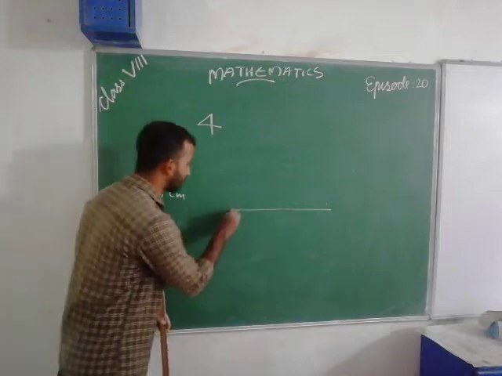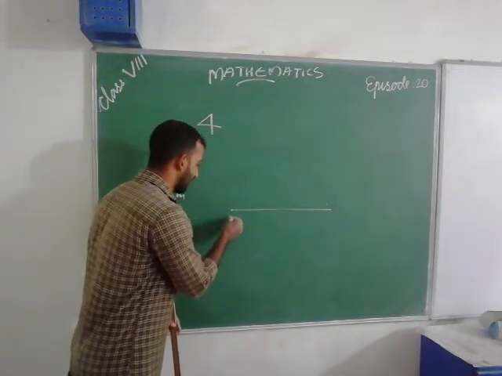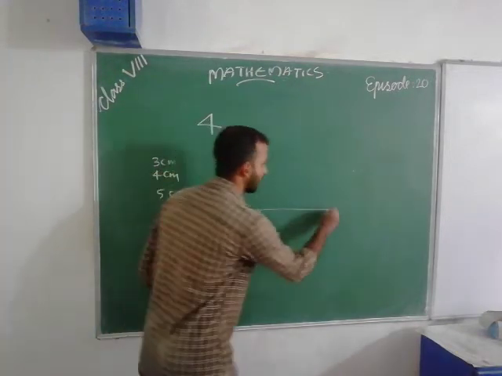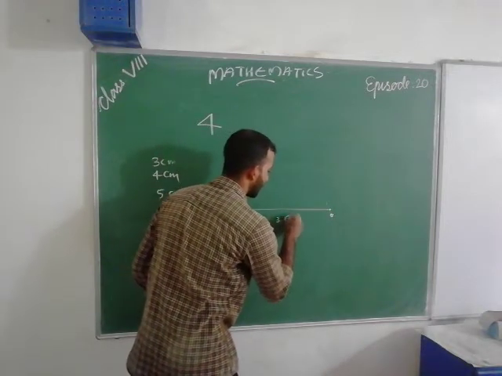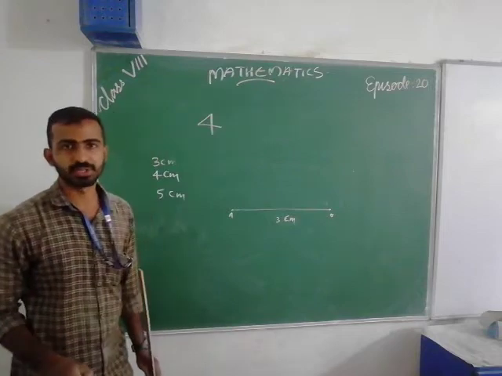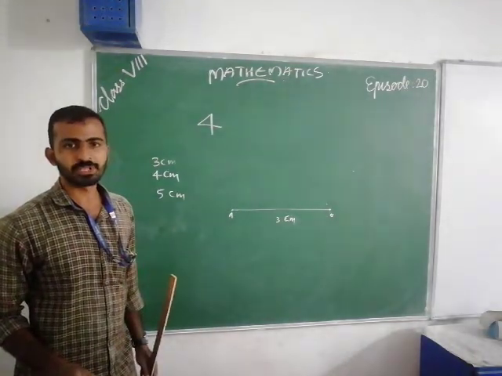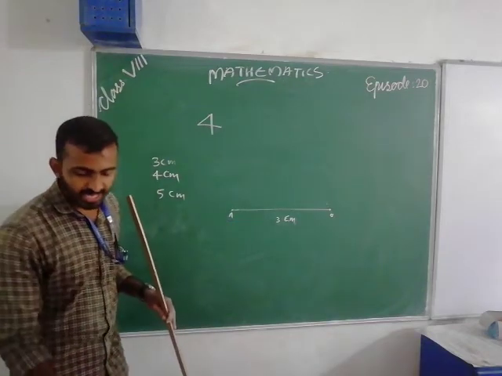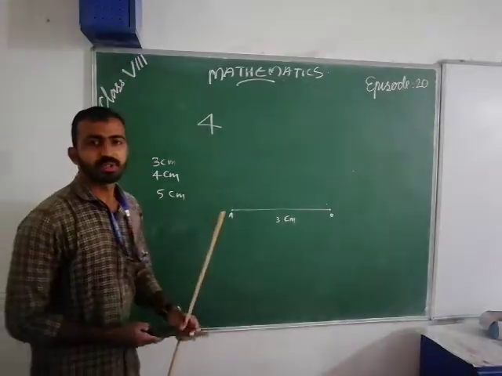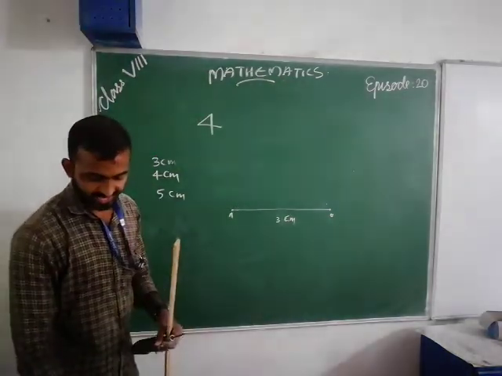And next we name the points A, B. We denote the measurement. That is, this is 3 centimeters. And after that, we have two sides. Is it? Yes.